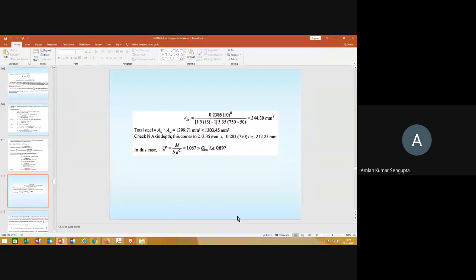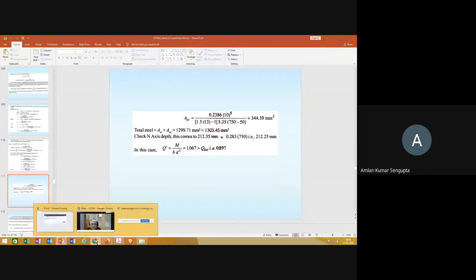I'm just repeating whatever was mentioned. In designing a doubly reinforced section, we start with the depth of the neutral axis for a balanced section. The reason is we are trying to utilize the concrete in compression as much as possible. Whatever extra moment requirement is there is satisfied by the extra steel on the tension side and some steel on the compression side.